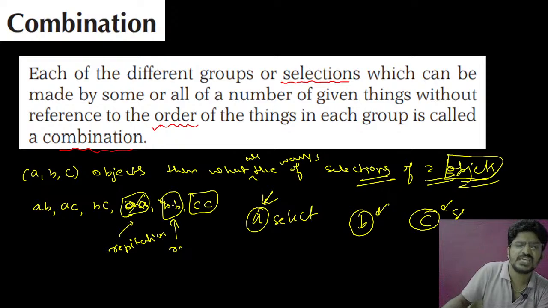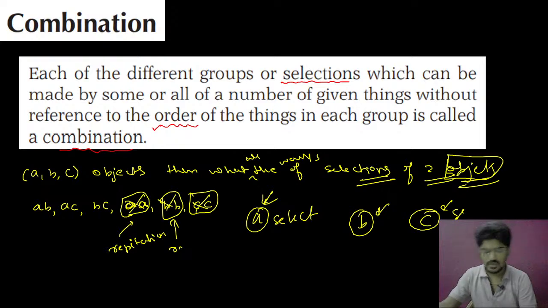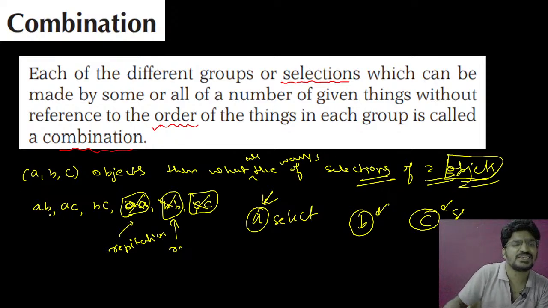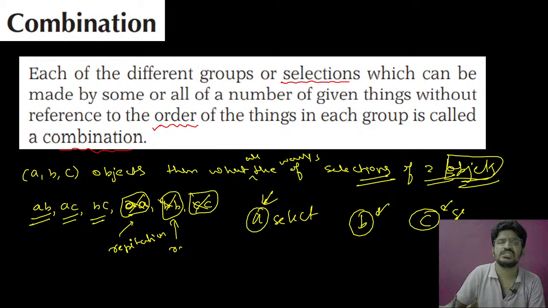That means these things are not allowed. Please be careful. You have AB, AC, BC, and you can't do more than this. Only three ways.